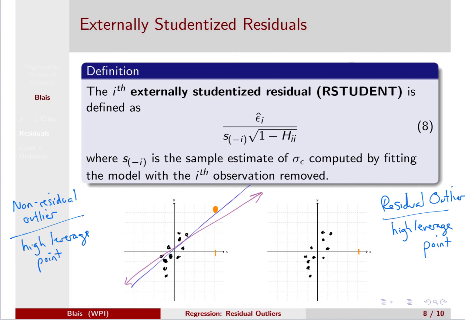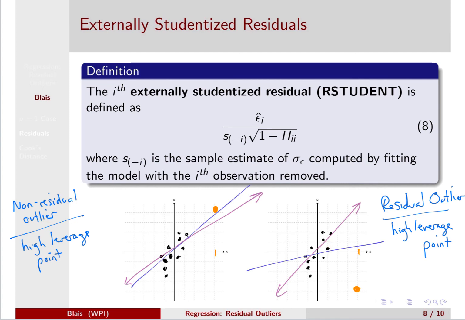In this case, we had very different outcomes for our regression line. With this point included, our regression line looked something like this. But if we then redo the regression with this residual outlier high leverage point removed, then the line snaps back into this form here that fits this cluster much more appropriately.